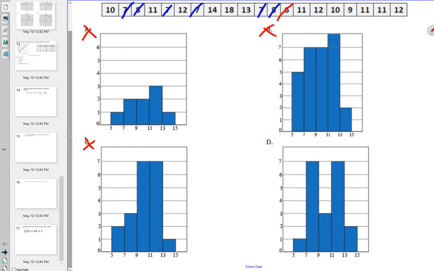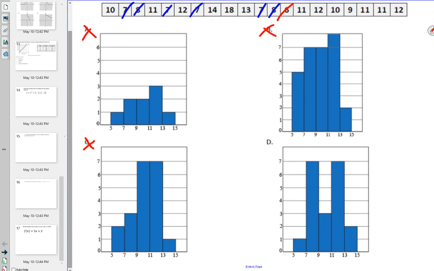Did I skip one? Let's look at the rest of them. That's weird. This one's going up to seven. None of them are going up to six.